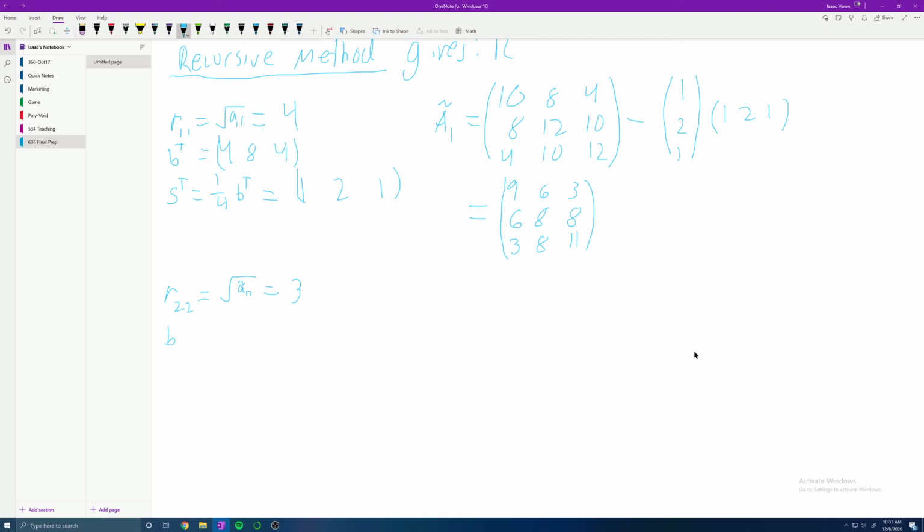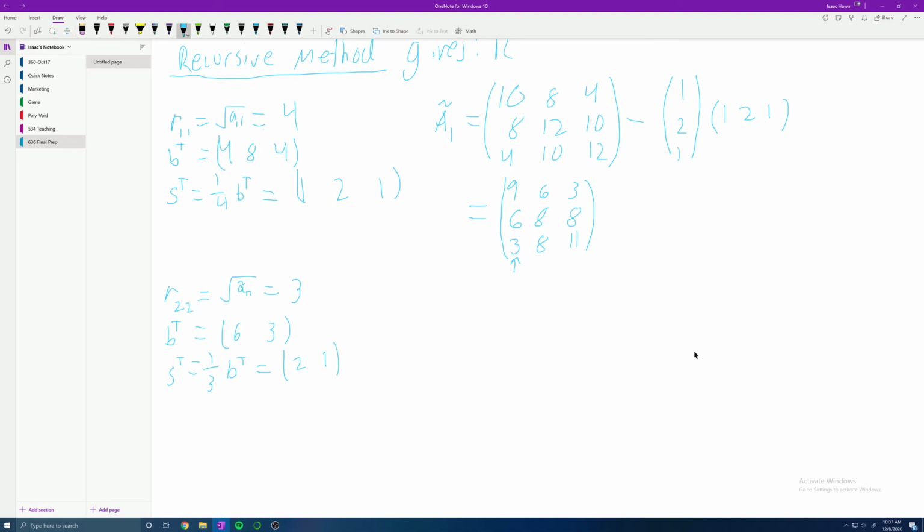Similarly, we take B transpose to be 6 and 3, this bit right here. S transpose is just going to be 1 over 3 B transpose, which gives 2, 1.